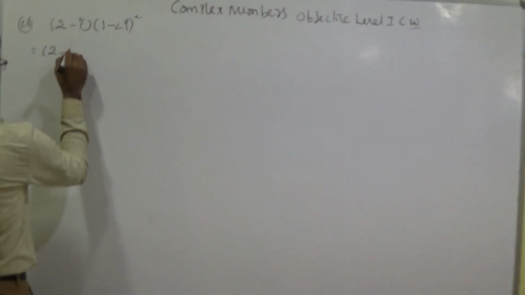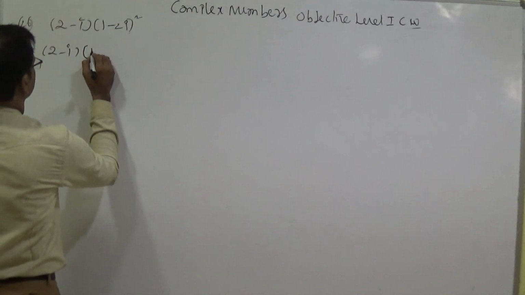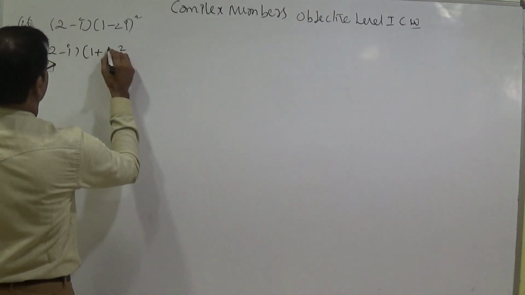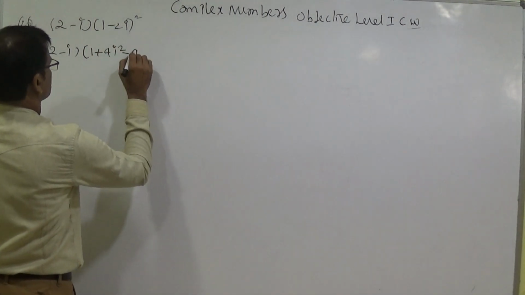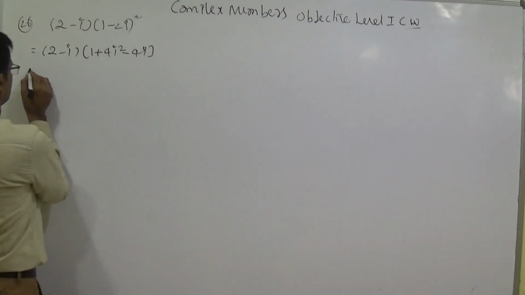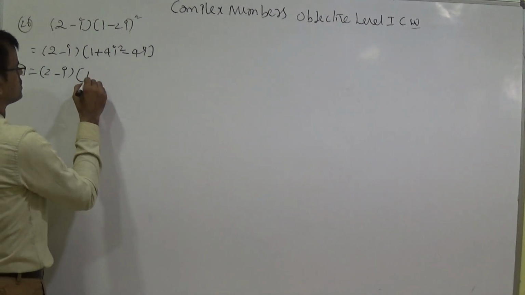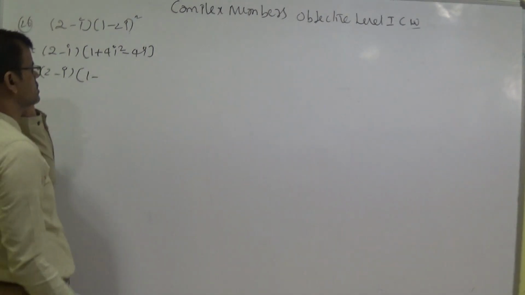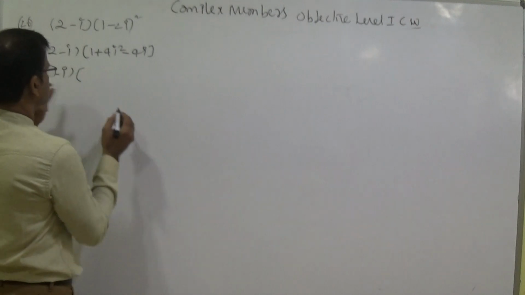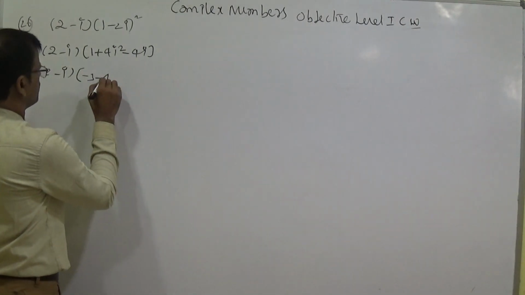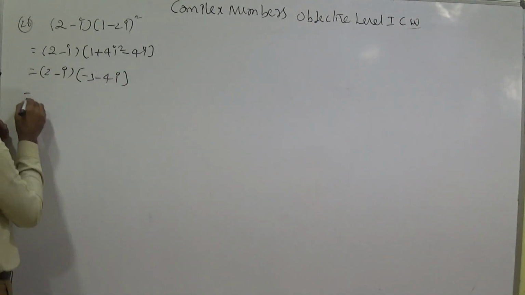(2 minus i) into (1 minus 2i) whole square equals (2 minus i) into (1 plus 4i square minus 4i), which is (2 minus i) into (1 minus 4 minus 4i), that is (2 minus i) into (minus 3 minus 4i).